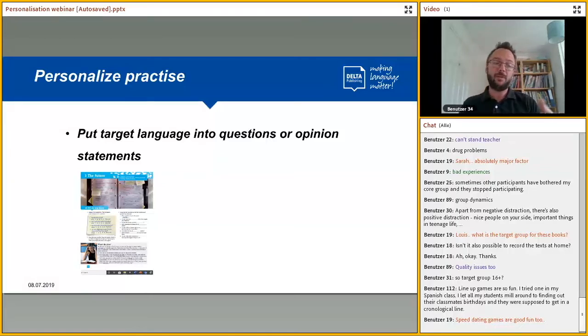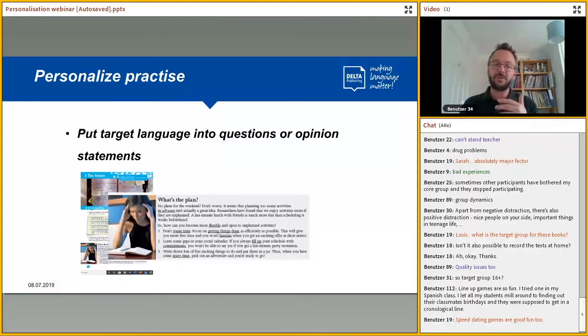Something else I think we've tried to do a lot of in the course is put target language into questions or opinion statements. So there's something automatically to discuss as soon as they've finished the task.